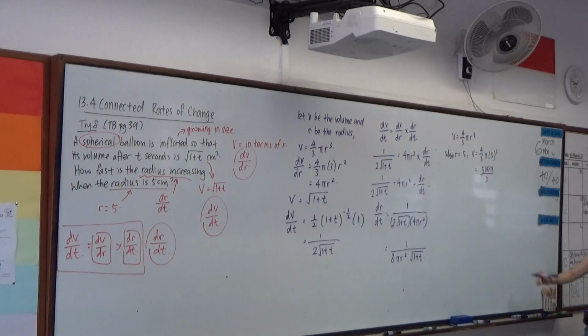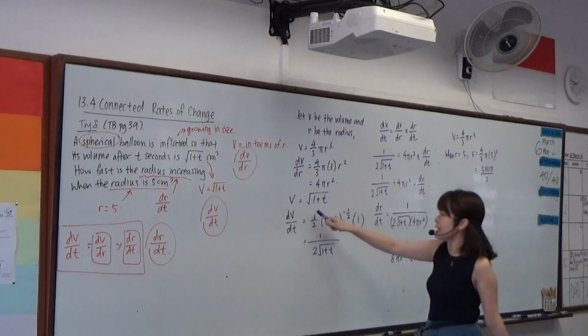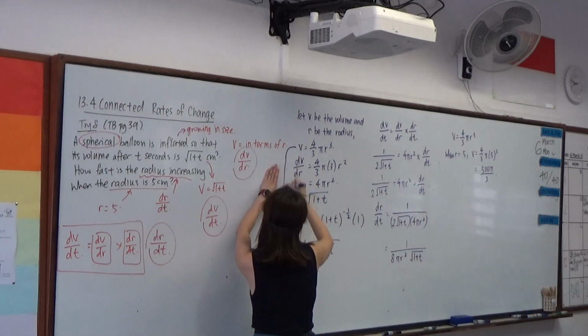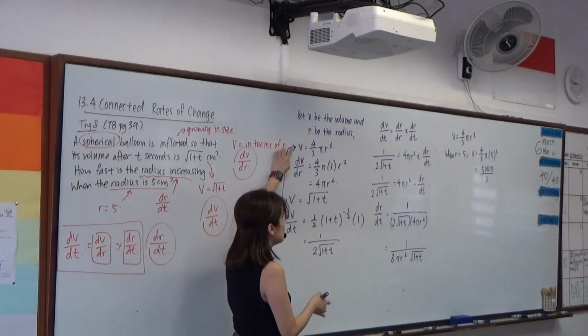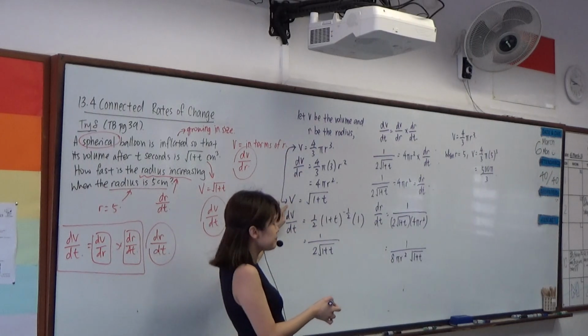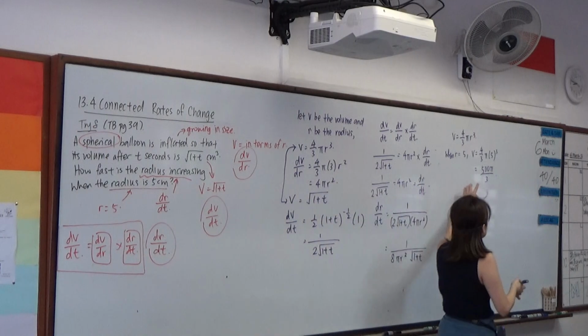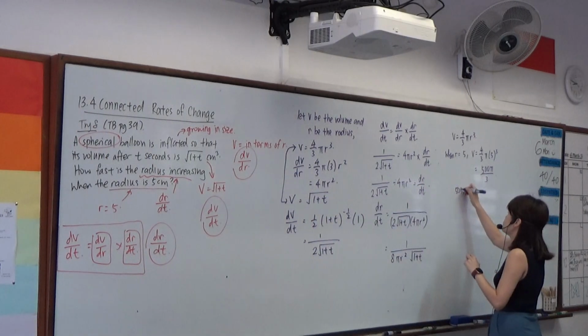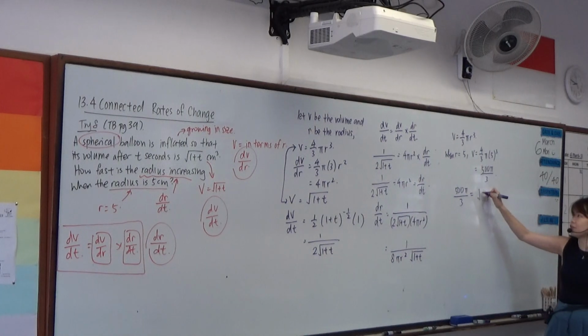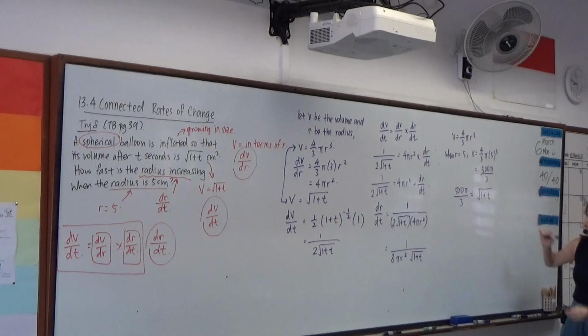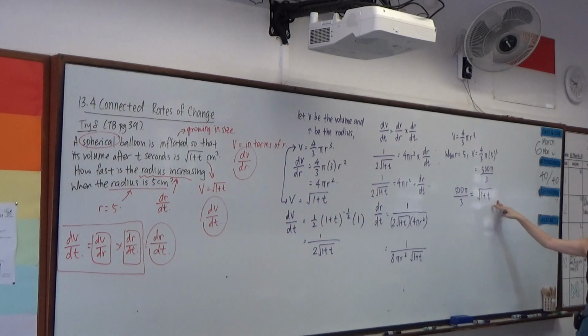But my volume can also be expressed in terms of t, because there are two ways that I express my volume, either based on the radius or based on time. Strictly speaking, your volume shouldn't matter despite the differences in the formula. So therefore, 500 pi over 3 should be equal to square root of 1 plus t. And this will help us to determine the value of t.